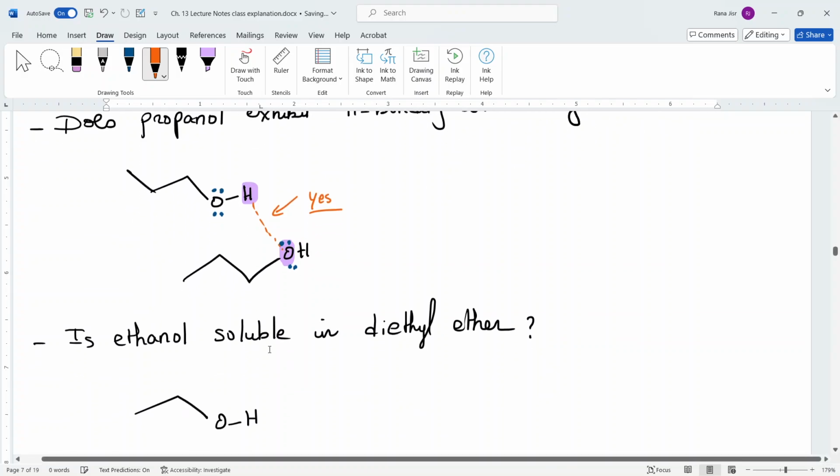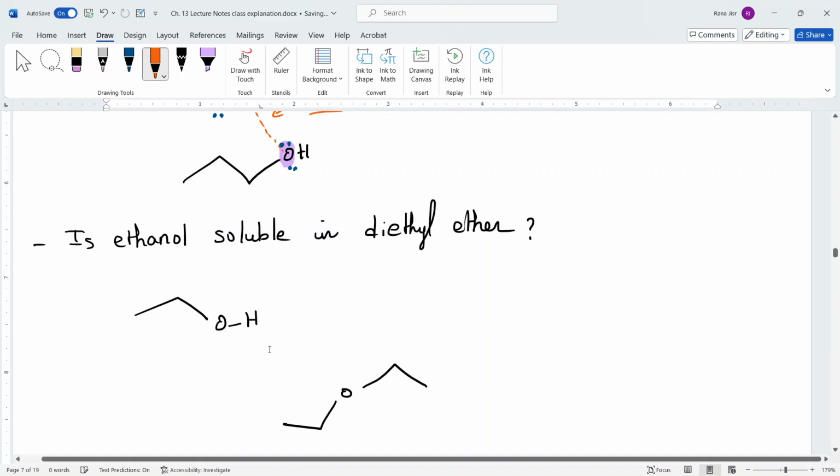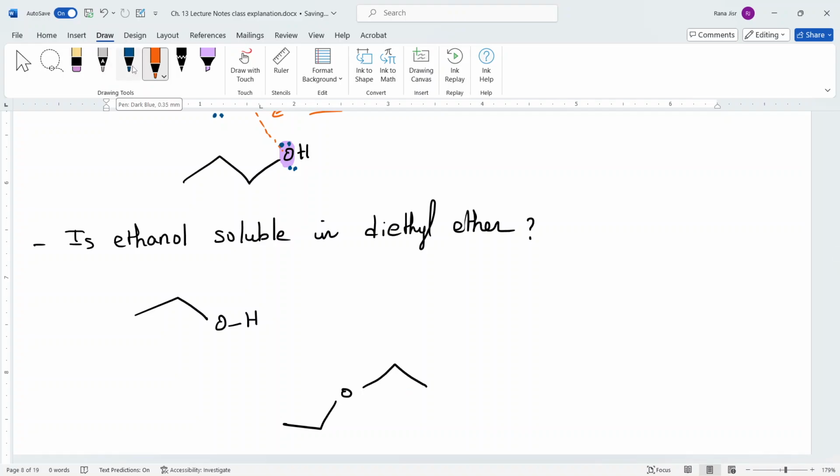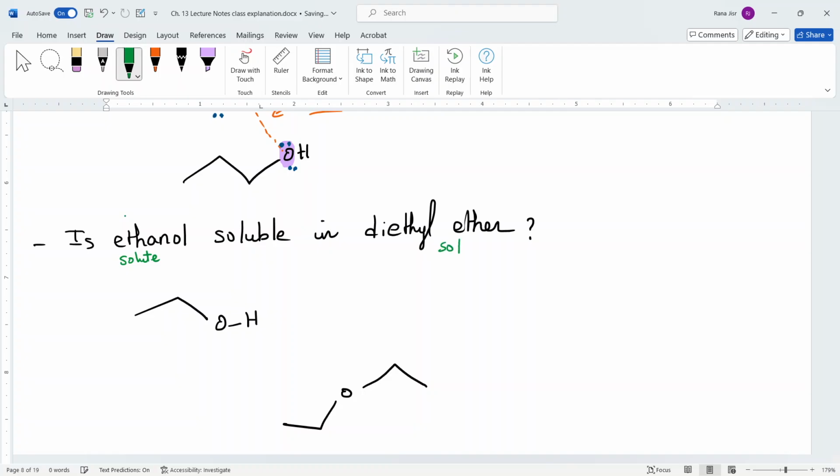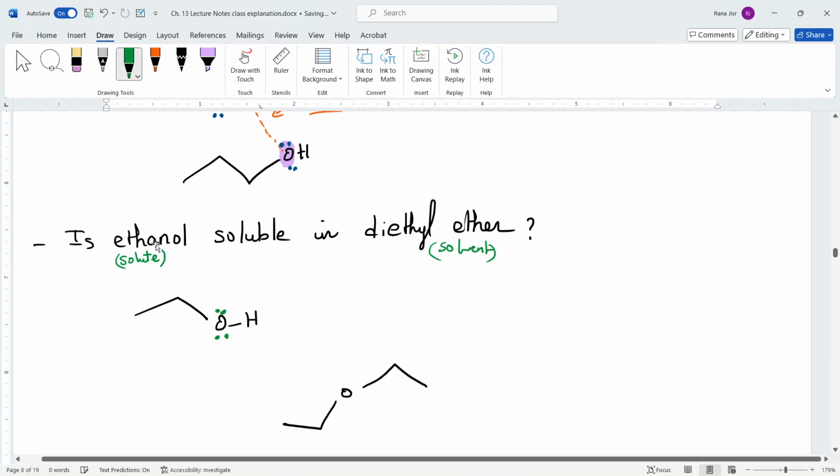Same thing here. Is ethanol soluble in diethyl ether? So I'm going to go ahead and draw diethyl ether. This means that ethanol is going to be my solute. So pick your solute, and my solvent is going to be my diethyl ether, and put them like that above each other, and go ahead and apply the condition for hydrogen bonding, because I know that I care about the solute, guys.